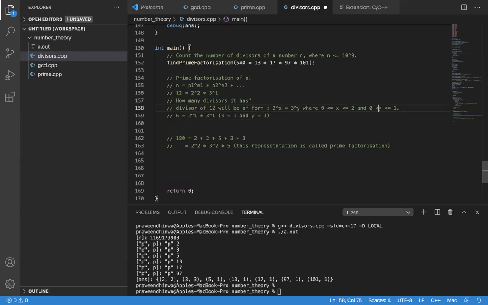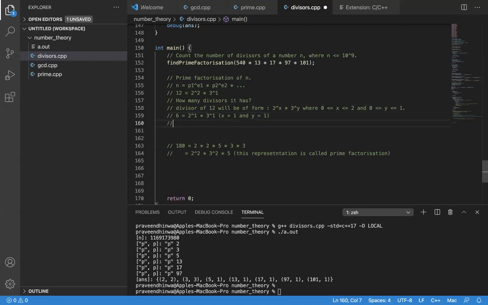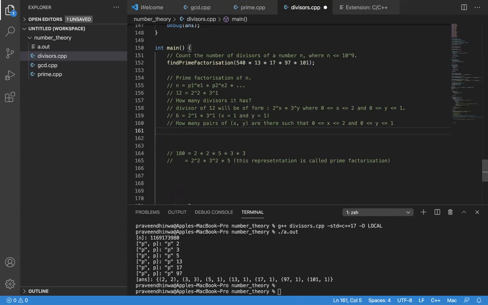So how many pairs of x comma y are there, where x is from 0 to 2 and y is from 0 to 1? You can see that x and y are independent. How many values can x take?